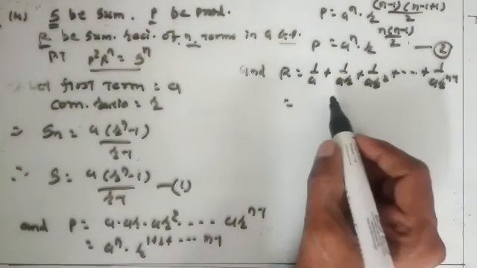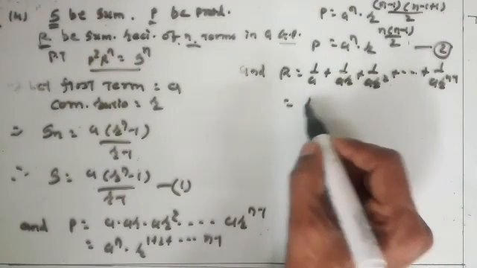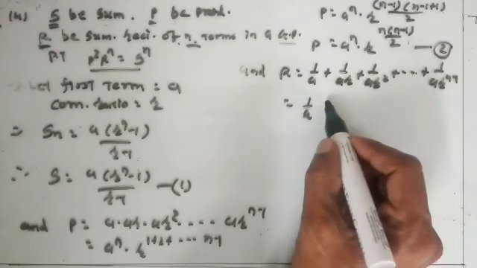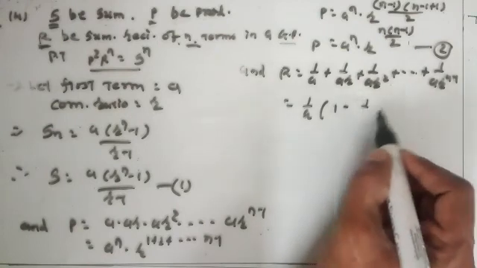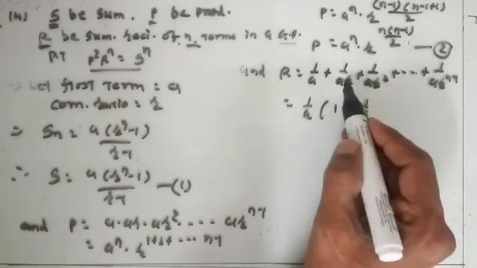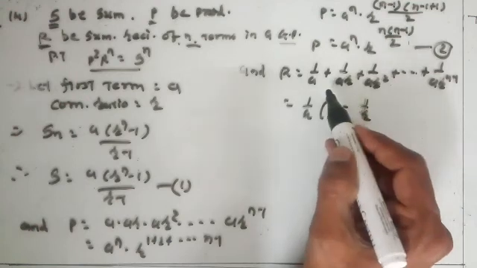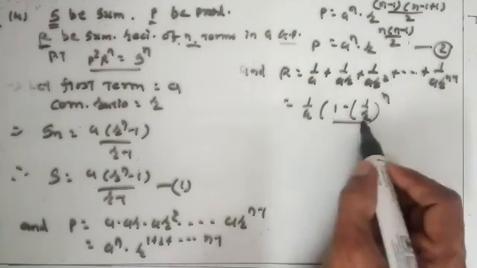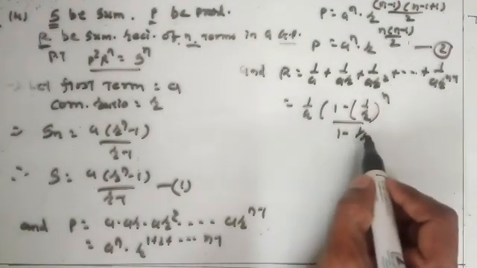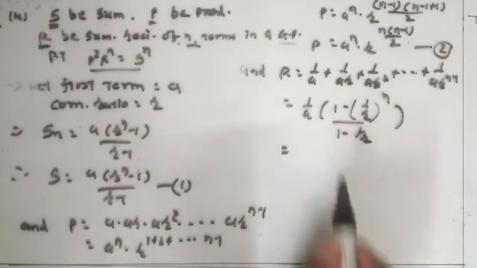And the sum of all is equal to, here the first term is equal to 1 upon A, and the common ratio is equal to 1 upon r. Clear?